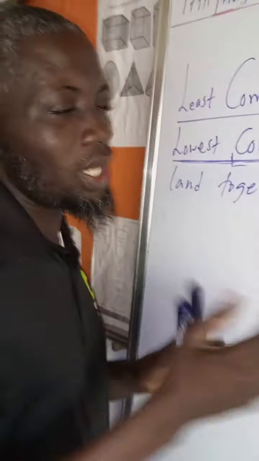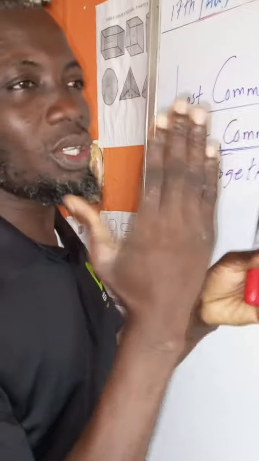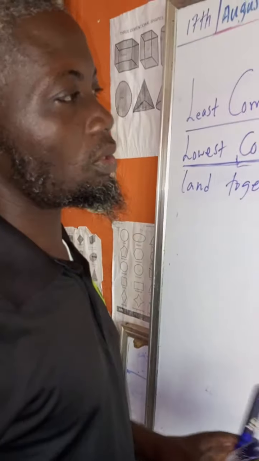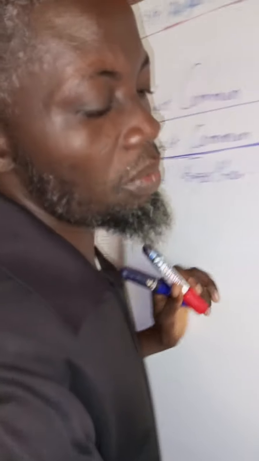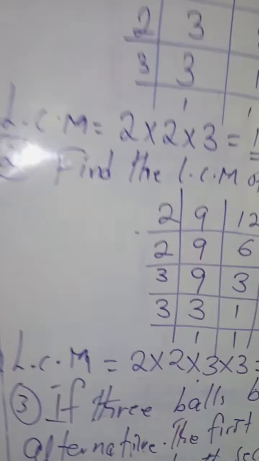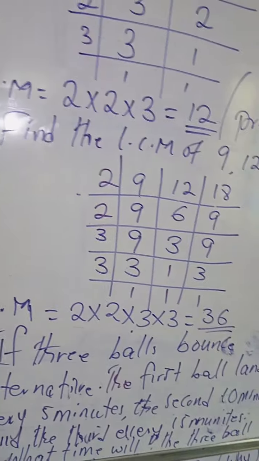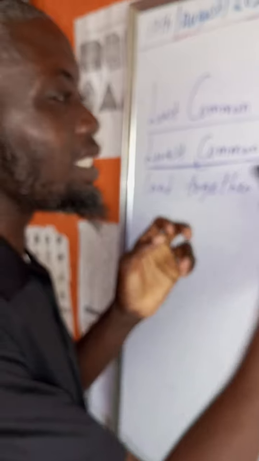So if they ask you, sir, at what point will the 3 balls land together? Of course, if you see this type of question, what they are asking is the LCM. Another way of asking you the LCM: at what time will three of them land?